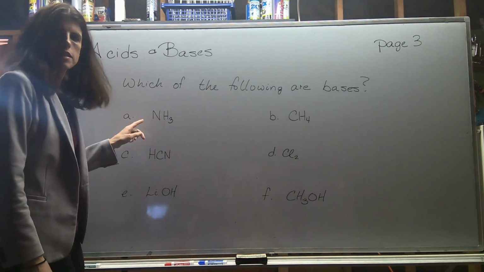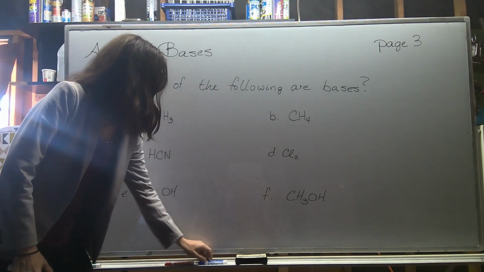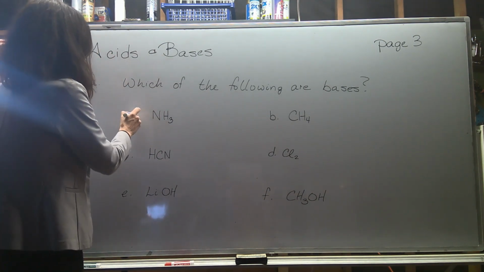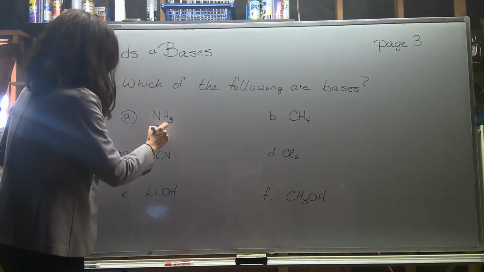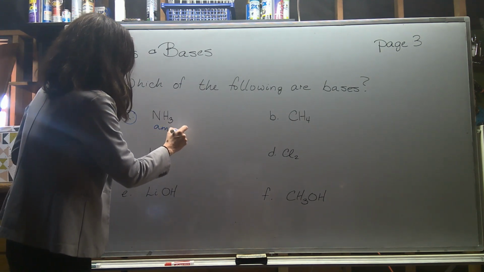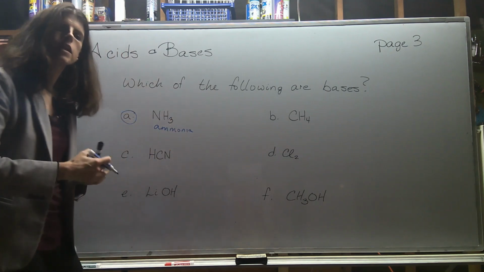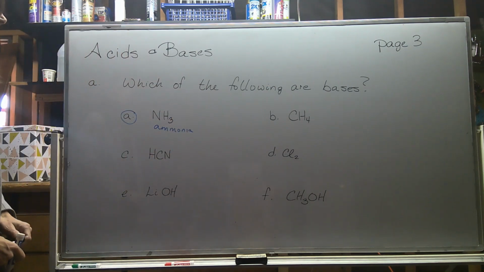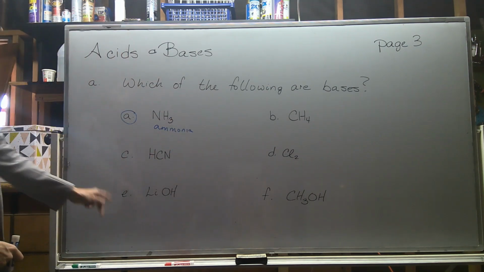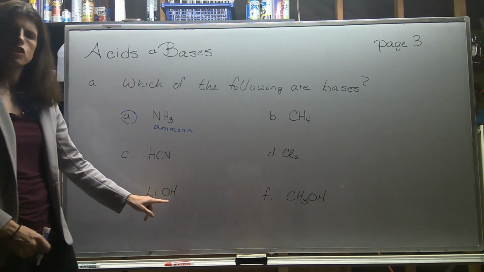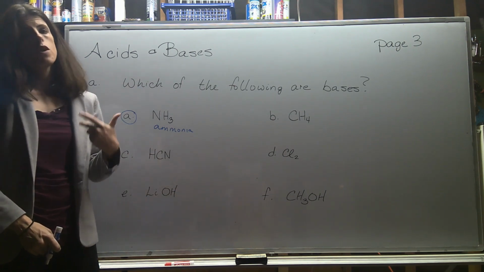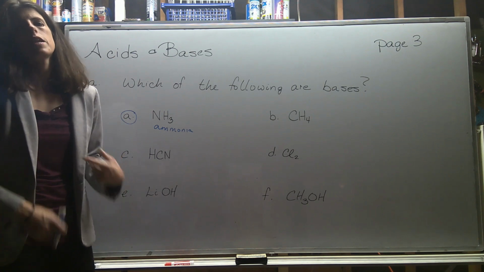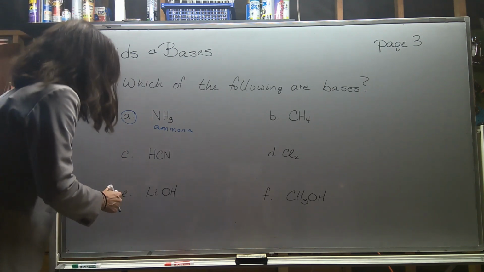So we talked extensively about ammonia, and that's definitely one of the bases here. Do you recognize any other bases? I hope that the OH here reminded you of the Arrhenius definition of a base, an OH minus producer.